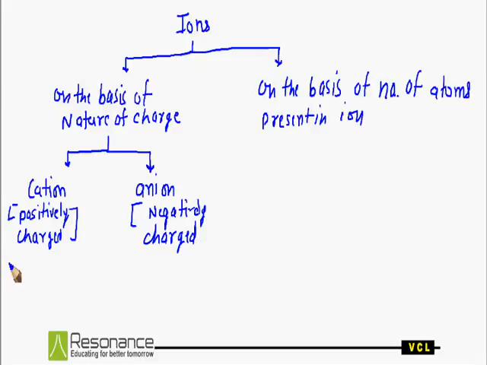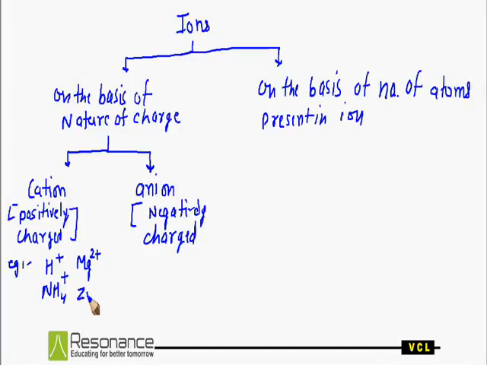Now we can take examples. H plus, it has one unit of positive charge, so it is a cation. NH4 plus, it also has 1 unit of positive charge, so it is a cation. Mg2 plus also has 2 units of positive charge.